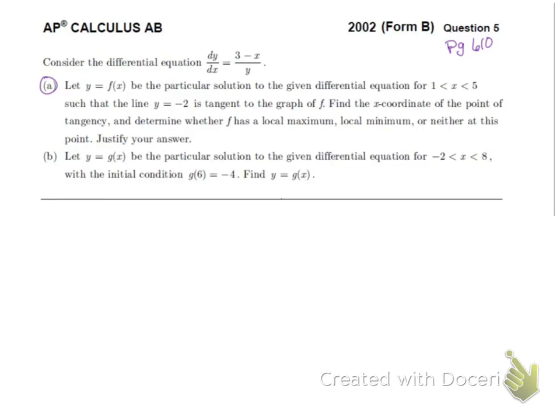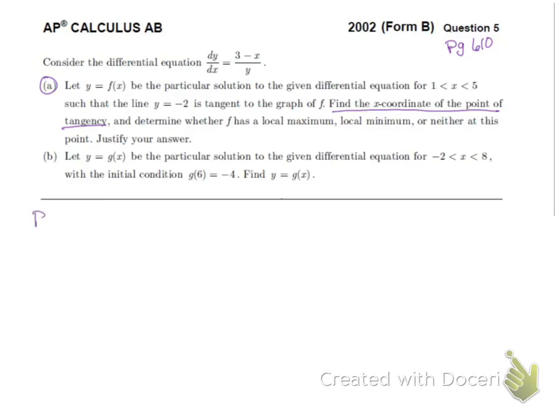That is a lot of mumbo-jumbo, okay? That is a fancy way of saying find the critical point, okay? Now, how do I know that? Find the x-coordinate of the point of tangency. What do we know about the point of tangency?